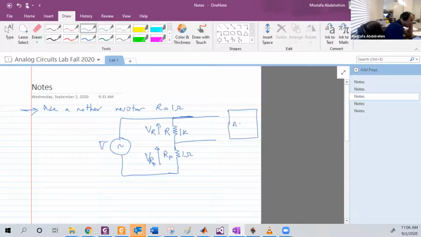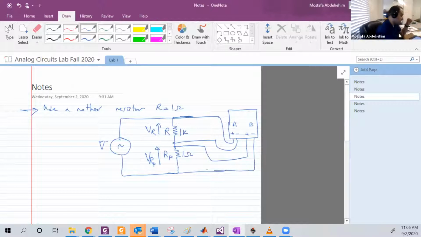It has 2 channels, A and B. We want to measure the voltage over R, so this is the voltage over R. And we want to measure the current that goes through R also. So this is positive, negative.